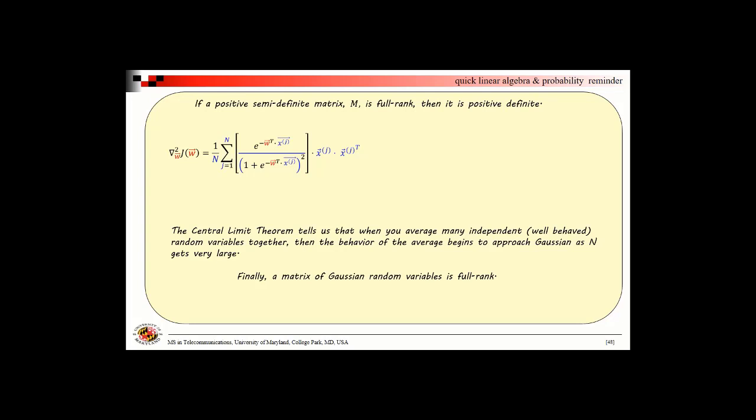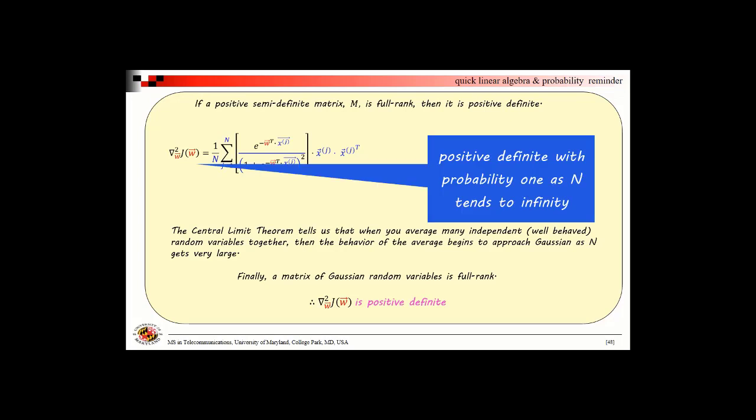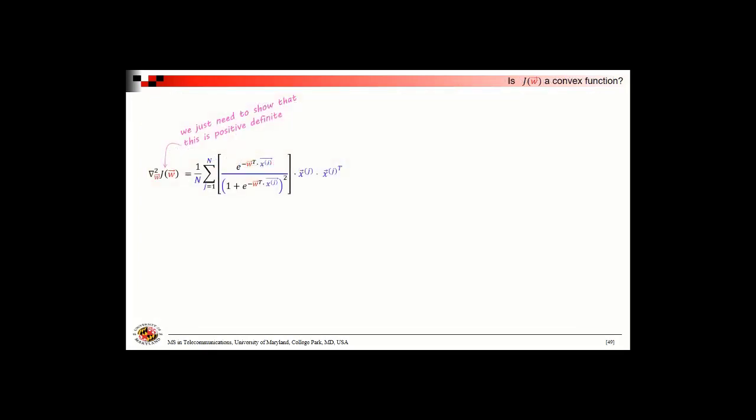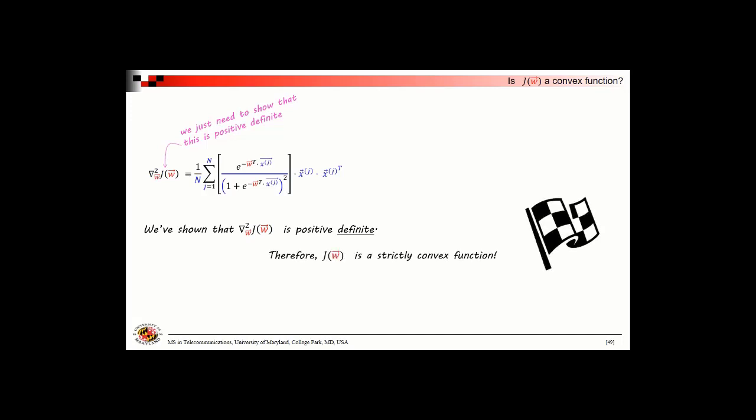Now we know that in order to have a good machine learning training algorithm, we want a large n, in other words, a large number of training instances. Therefore, for that case, we can assume that the Hessian of J is positive definite. We did it. We just needed to show that this Hessian matrix is positive definite, and we did show it. That means that J is a strictly convex function.